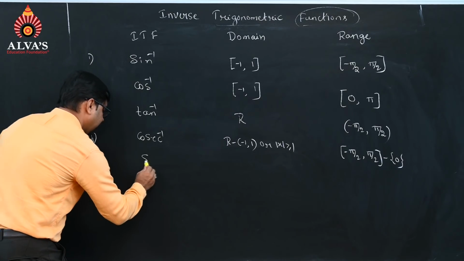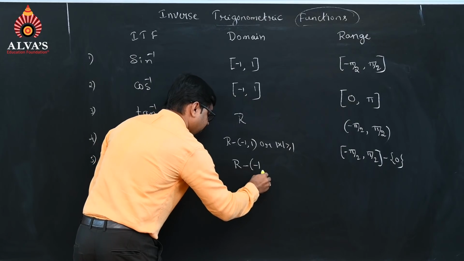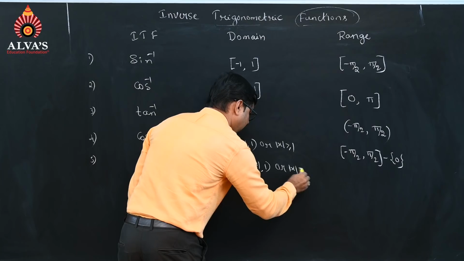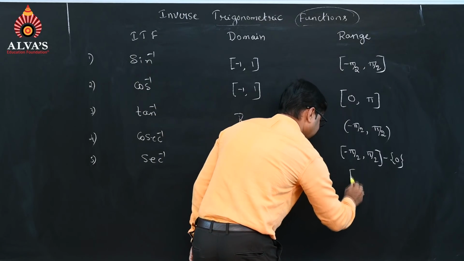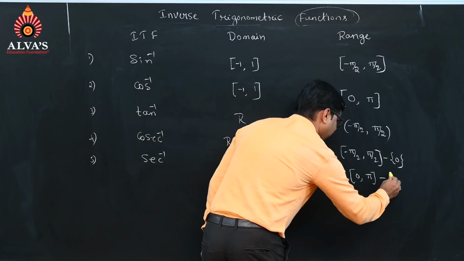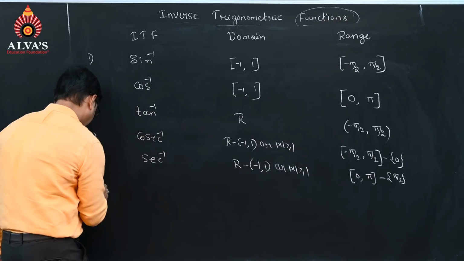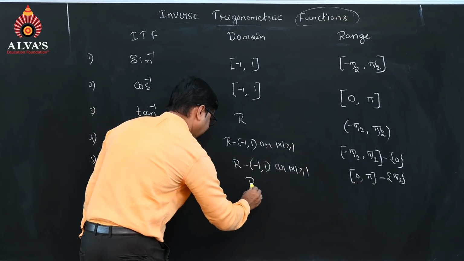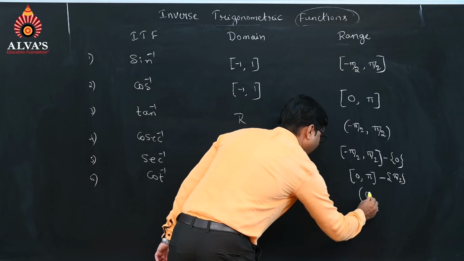Fifth one, secant inverse: the same domain, R minus the open interval -1 to 1, or mod x greater than or equal to 1, and the range, which refers to cos inverse, is the closed interval 0 to pi except the angle pi by 2. And the last one, cot inverse, whose domain is the set of all real numbers and the range is the open interval 0 to pi.